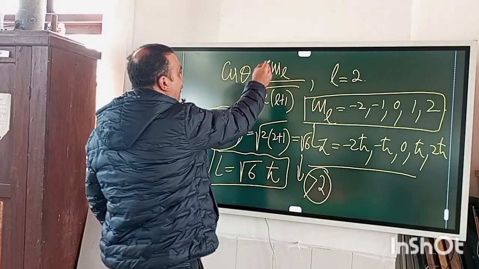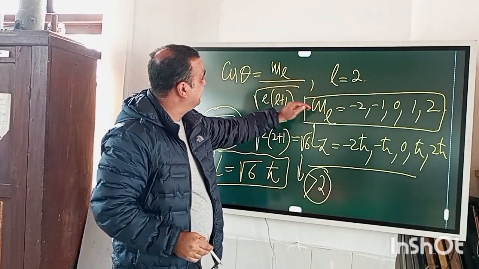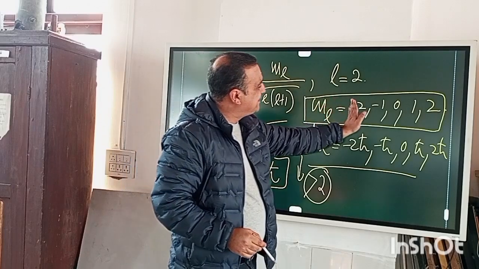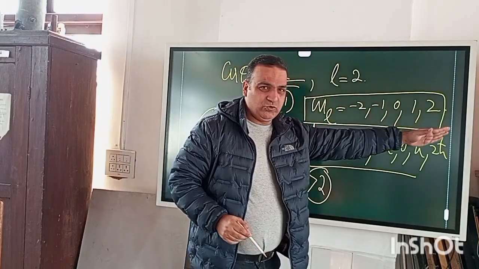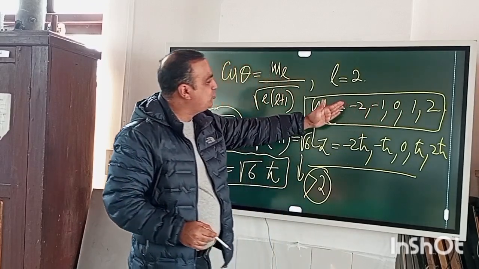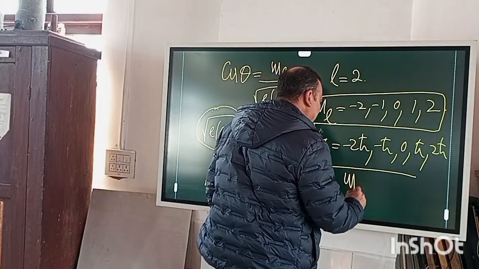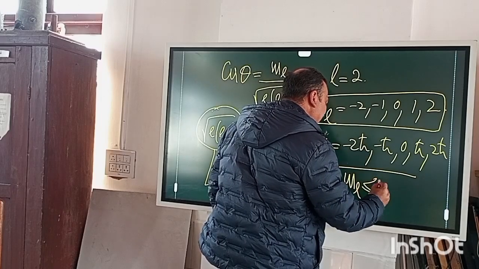And if we look at the numerator of the given example, the numerator is never greater than 2. The numerator is either less than 2 or equal to 2. So ml is less than or equal to 2.